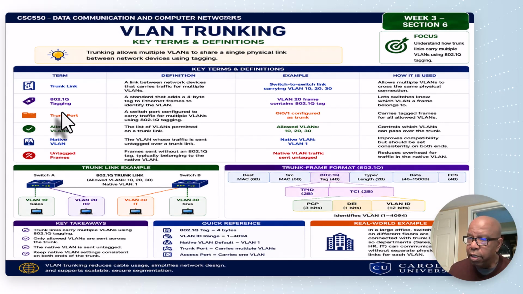Those are the definitions described here. Here are some of the examples, and how it is used is listed here, as far as allowing multiple VLANs to cross the same physical connection. This was the case when we talked about the trunk port carrying tagged frames of all allowed VLANs.